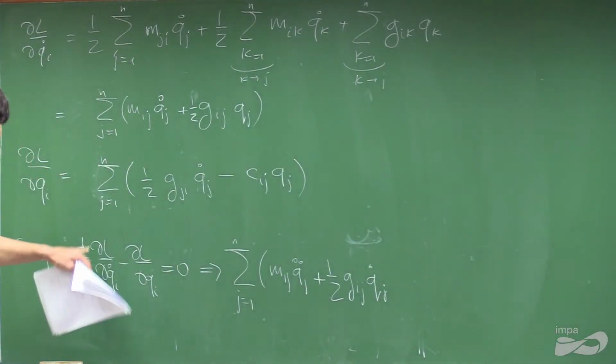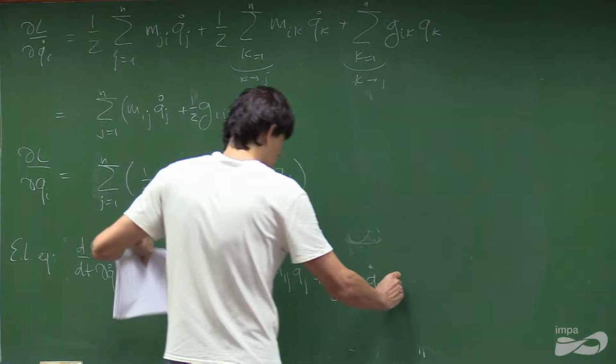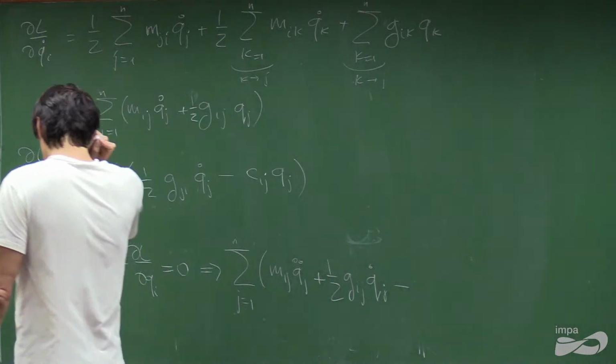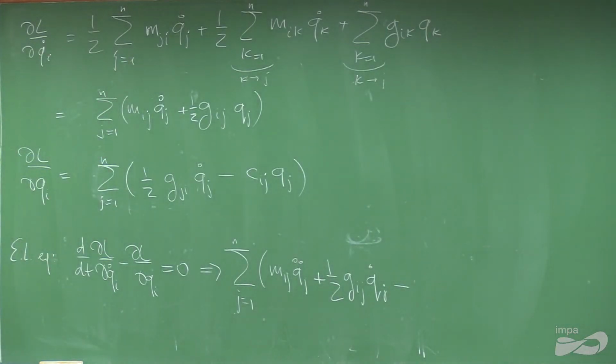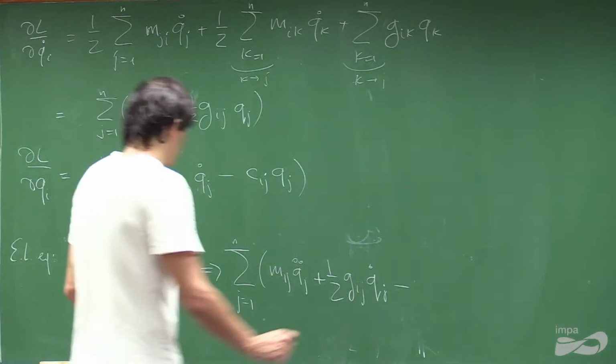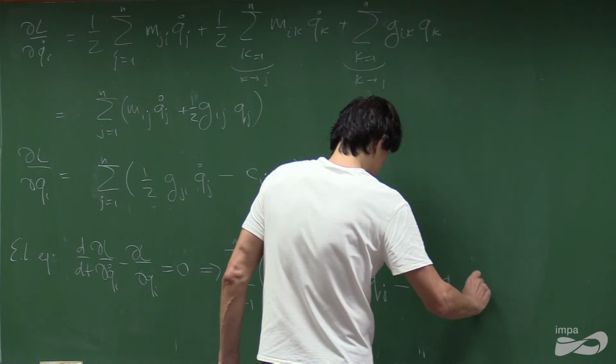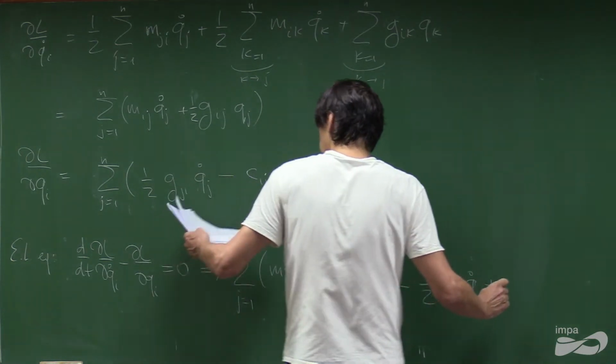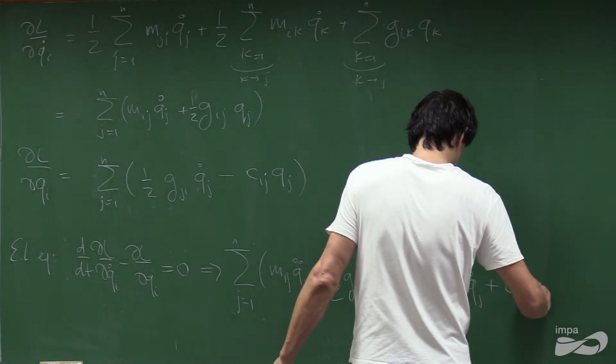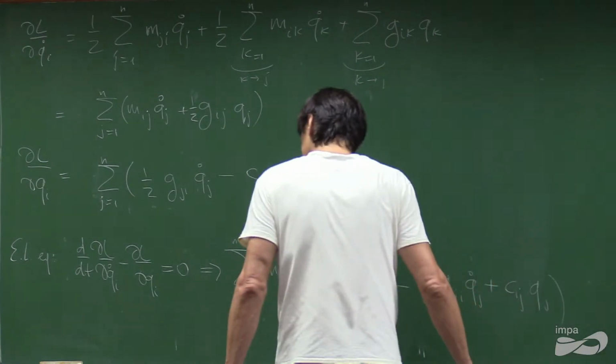And then we subtract this, right? So it's minus 1/2 g_ji q_j dot, and plus c_ij q_j equals 0.